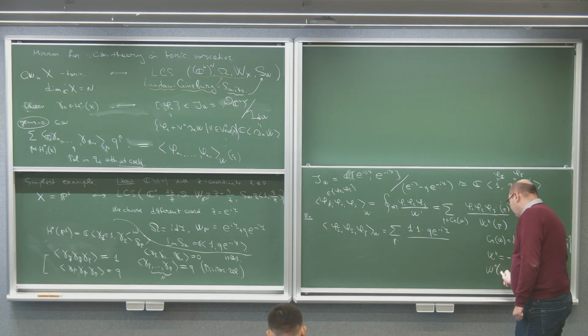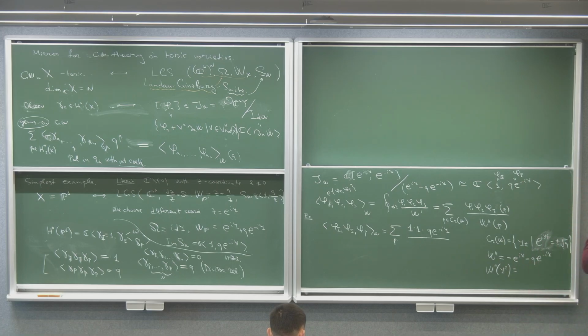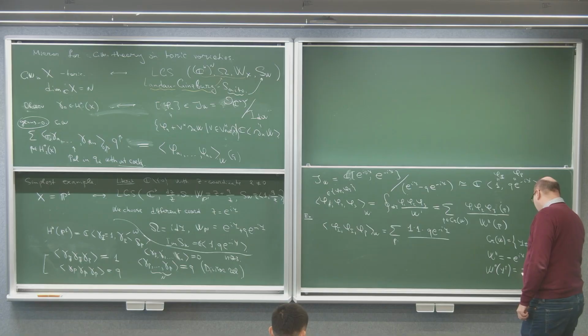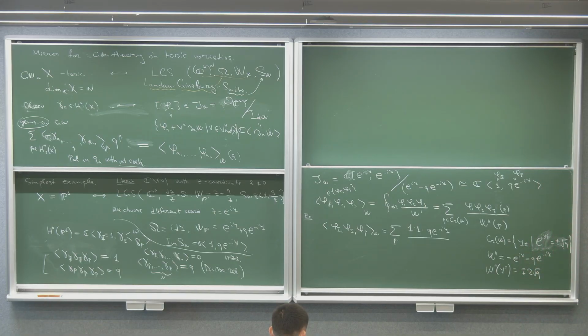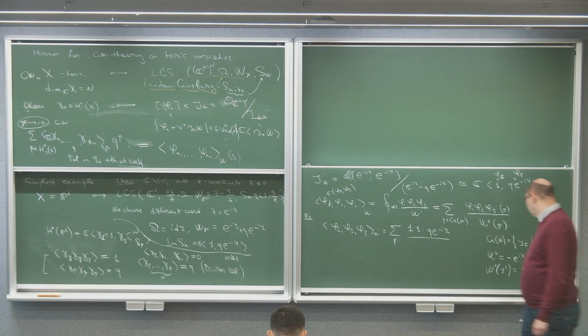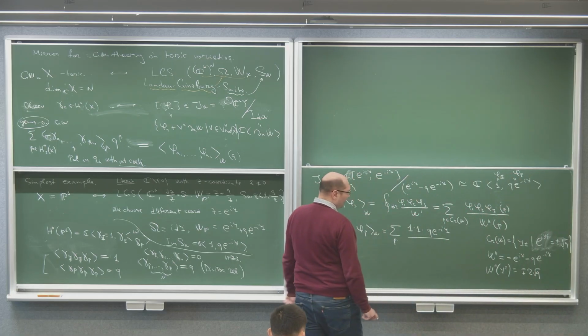If I calculate W double prime at these two critical points, y plus minus, I will get minus plus 2 square root of q. For y plus, it's minus square root of q here, and if I substitute, I get another minus square root of q from the second term. So it's minus plus 2 square root of q.